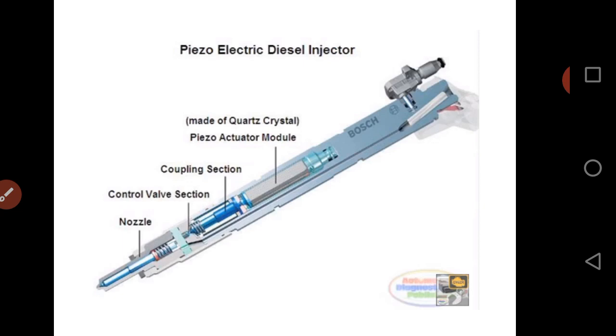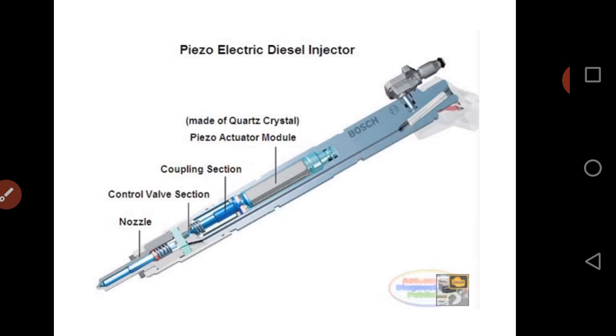We are using the technology to open and close the injector at extremely high speed, because we know that engines are running at high speed. Along with these injectors we have studied, I have told you that we are using the fuel tank and the feed pump, and from the feed pump we supply fuel through a filter to the injectors.